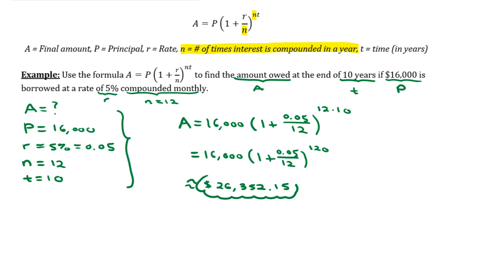So under all these conditions, if there is 16,000 borrowed at a rate of 5% compounded monthly, and we have this borrowed for a total of 10 years, then the amount owed is a little over 10 grand more than what we started out with: $26,352.15.